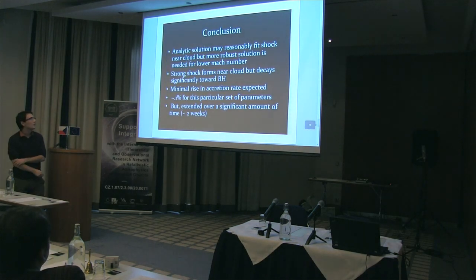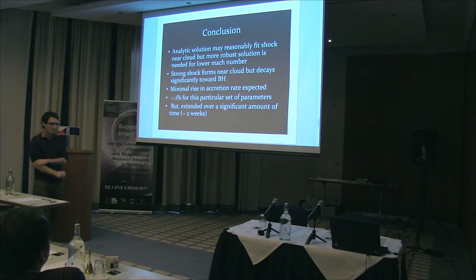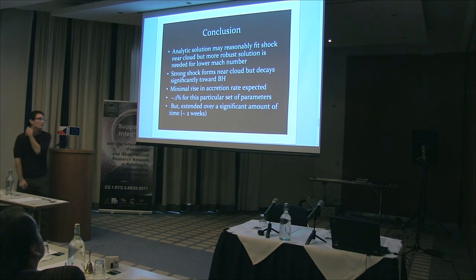which is interesting. Okay, so basically the conclusions are our analytic solution is not very good, and we didn't really feel comfortable using it to make predictions yet. So we need to work on that.